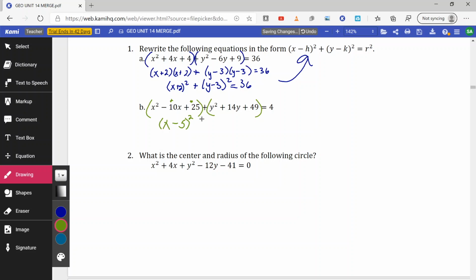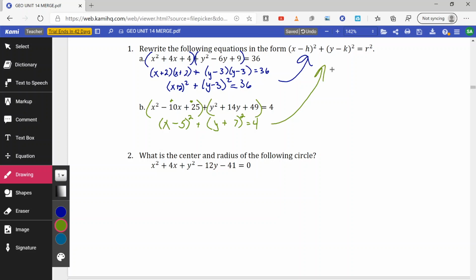So (x minus 5) squared. And we're going to do the same thing here with y. We take the square root of our last number, 49, which is 7, and then the middle term is going to dictate the sign. So 7 times 7 gives me 49, 7 plus 7 gives me 14. And that is squared equals 4. So again, it's in the correct format.